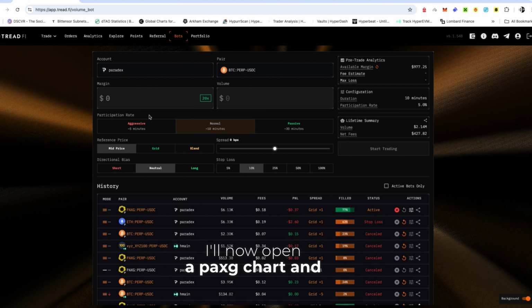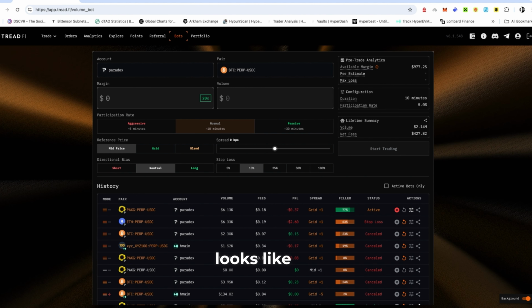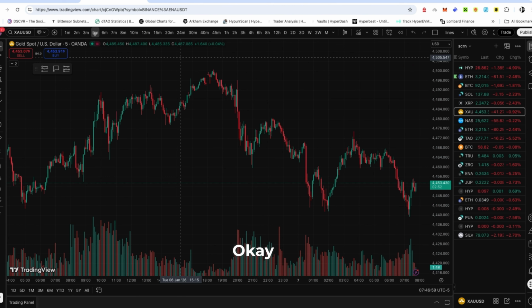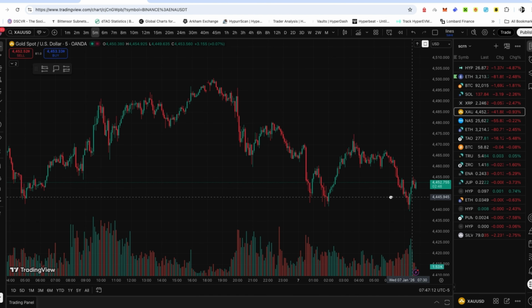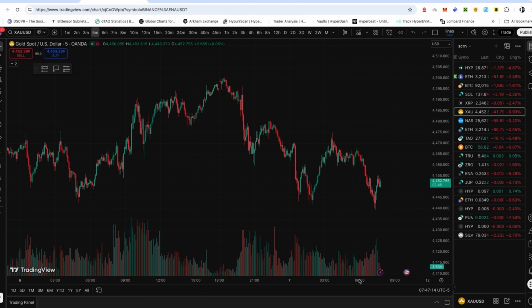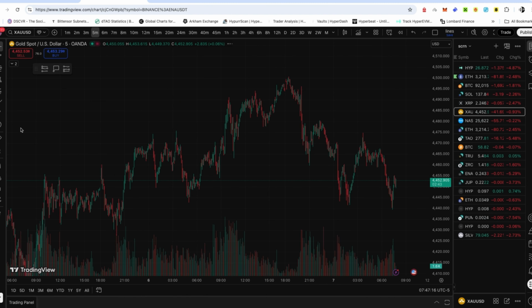I'll now open a PAXG chart and show you what a good ranging period looks like. Okay, I'll use a 5 minute chart for gold. So this is what a ranging condition looks like.